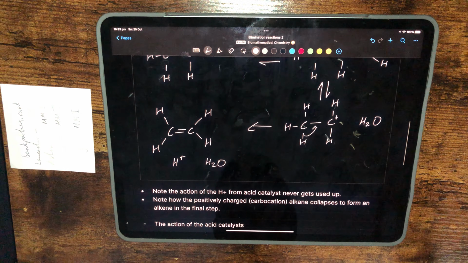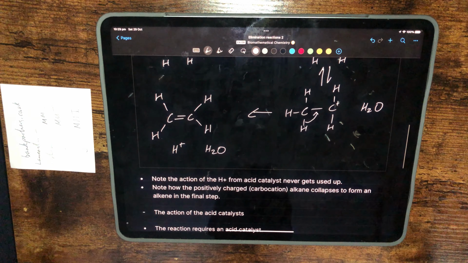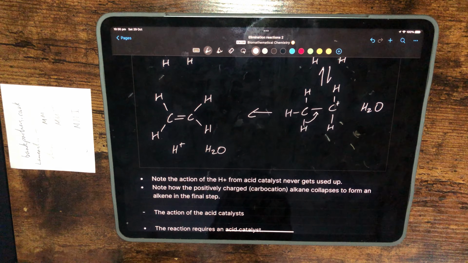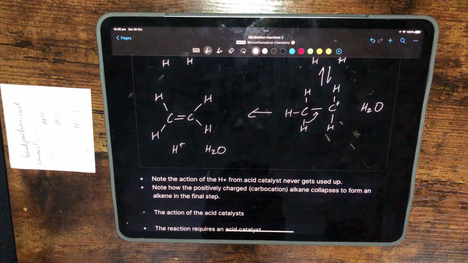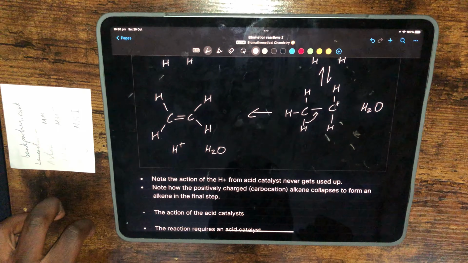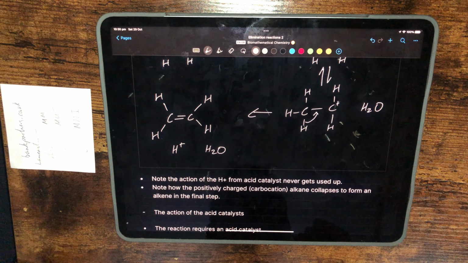When I ask you about the uses of this method, remember what you're forming and where you got it from.